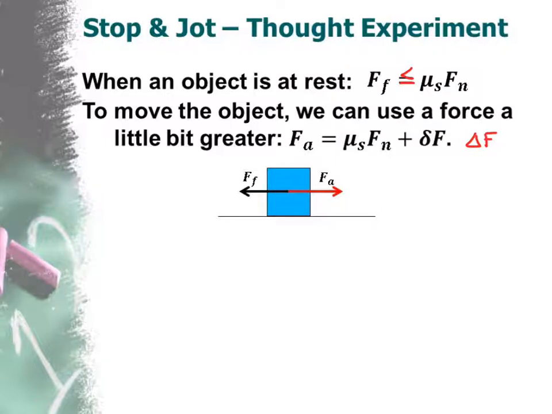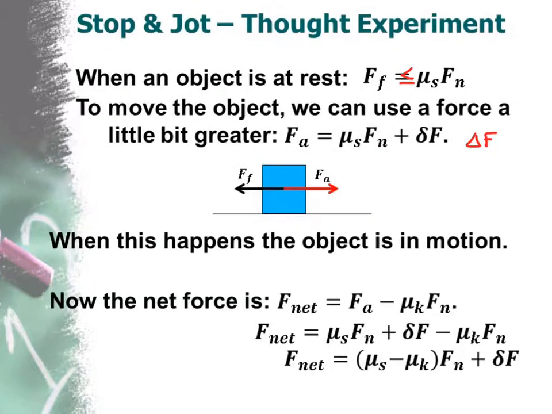So we're applying a force to move this block to the right that is slightly greater than this maximum static friction force. Well, once we do that, the object is now in motion.